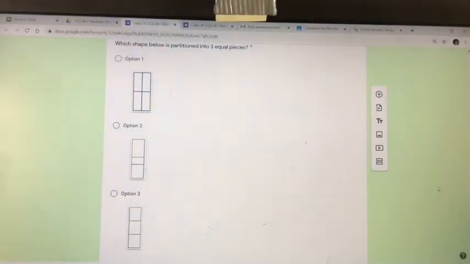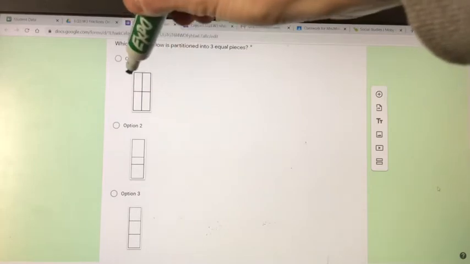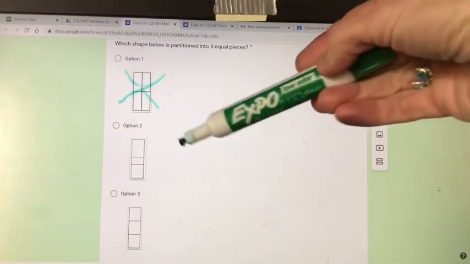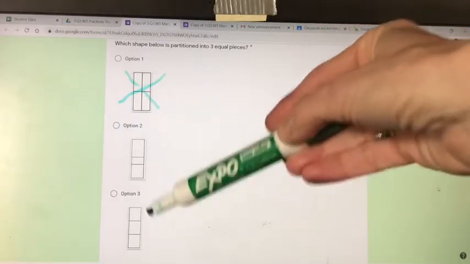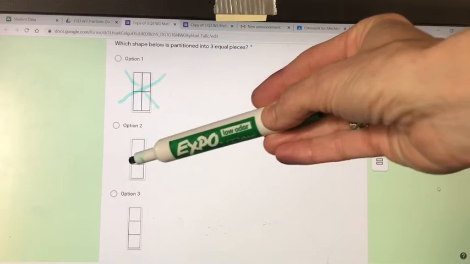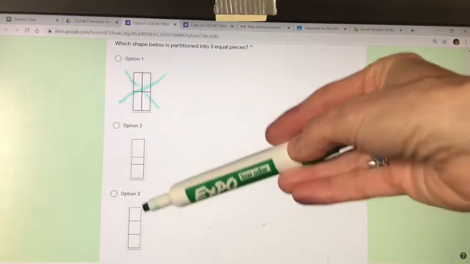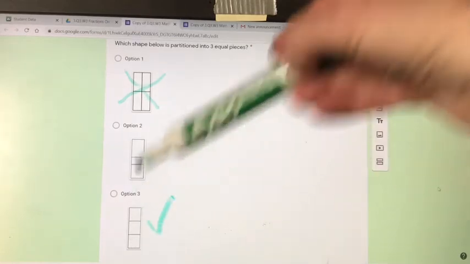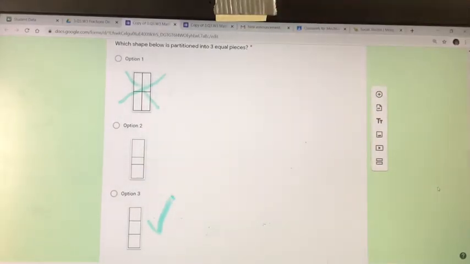All right. The first one, 1, 2, 3, 4. So that's a no right away because that's not 3 equal pieces. So we've narrowed it down to the last 2. This one has 3 pieces, but they're not equal. The middle is small. The last one has 3 and they're equally partitioned or equally divided. So the last answer is the correct answer.